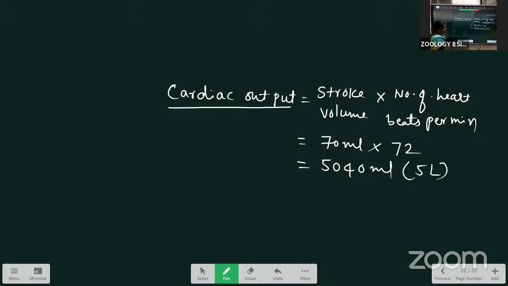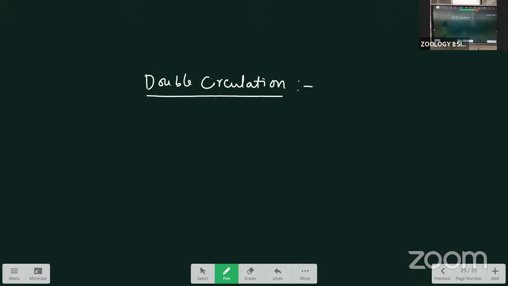Next, we are going to discuss the next event that is called double circulation. The heart pumps the blood two ways. That's called double circulation. Two circulations are there. First one is called pulmonary circulation.